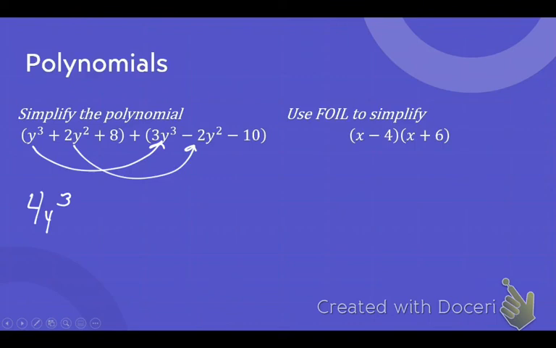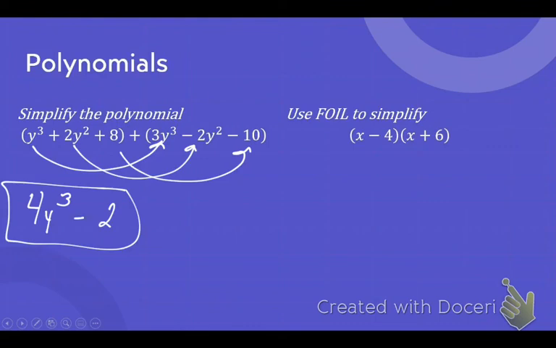Do not write anything. What's 8 minus 10? Negative 2. This is it. This is your final answer. Do not put 0y squared. When it cancels, it's completely gone. Now on the FOIL.